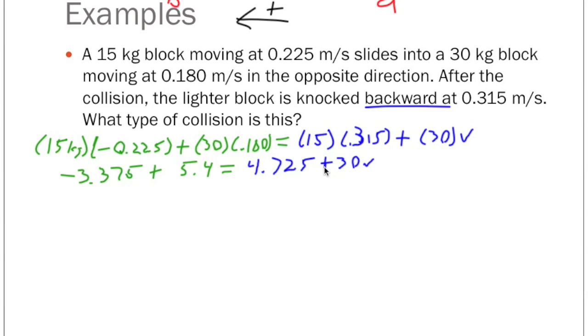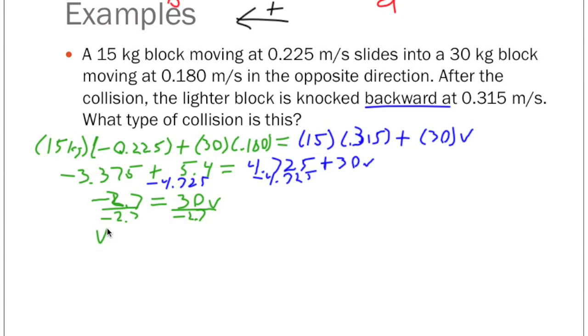We'll subtract 4.725 from both sides. So we have negative 3.375 plus 5.4 minus 4.725, which gives us negative 2.7. That should be equal to 30v on the other side. Just divide both sides by 30.